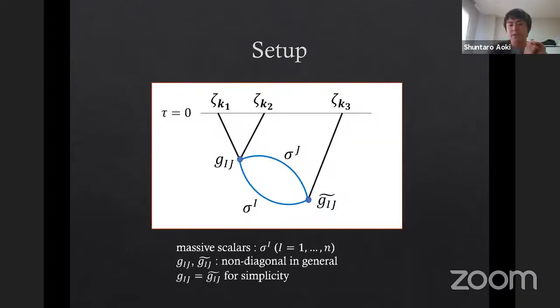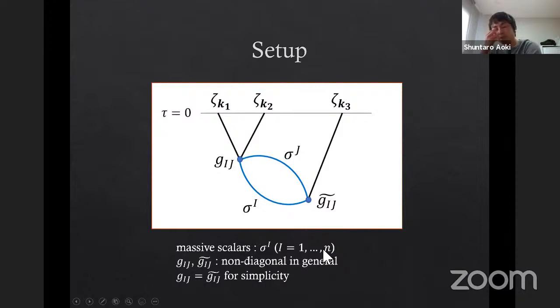Let me explain the setup. We consider the 3-point correlation function which contains multiple particles. Here sigma_I denotes the massive scalars which are created at early times and later decay to the curvature perturbation. The label I counts the particles, running from 1 to n.